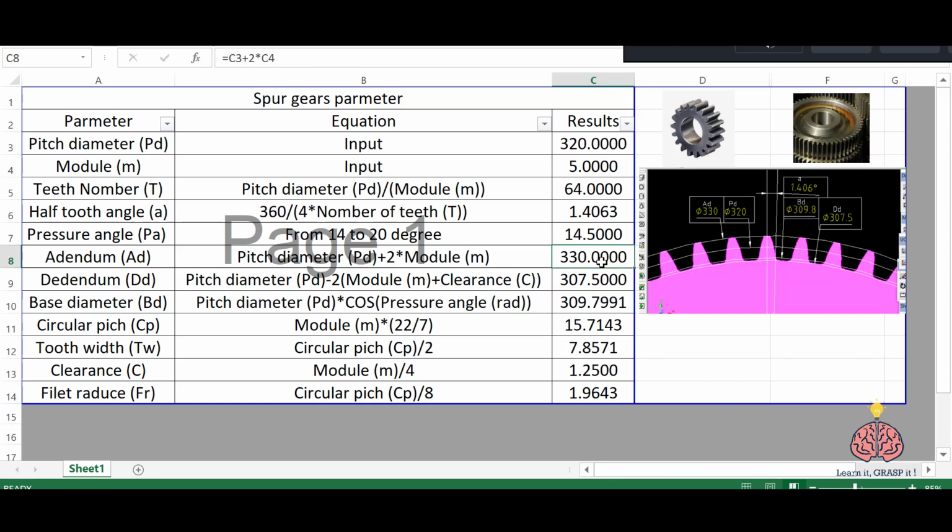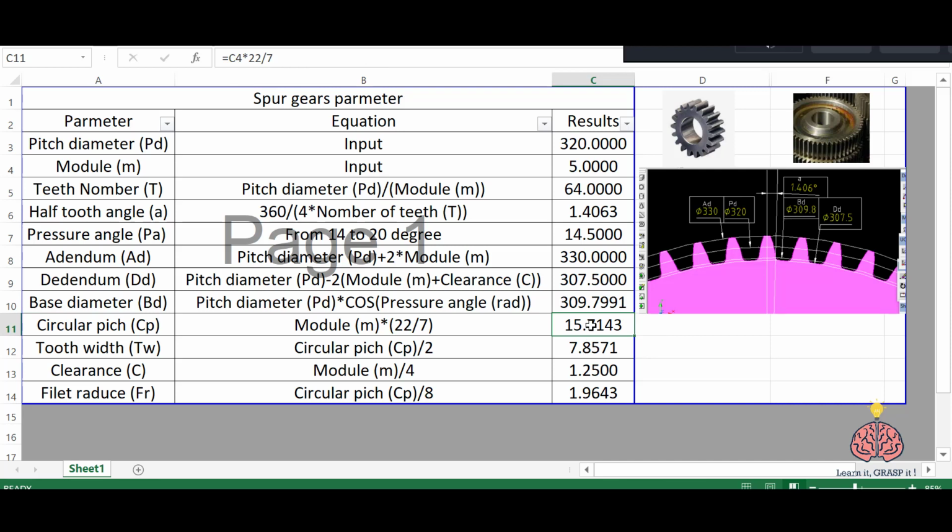This is the addendum, equal pitch diameter plus 2 multiplied by module, and this is the dedendum, the pitch diameter minus 2 module plus clearance. This is the base diameter. The equation is pitch diameter multiplied by cosine the pressure angle in radian.